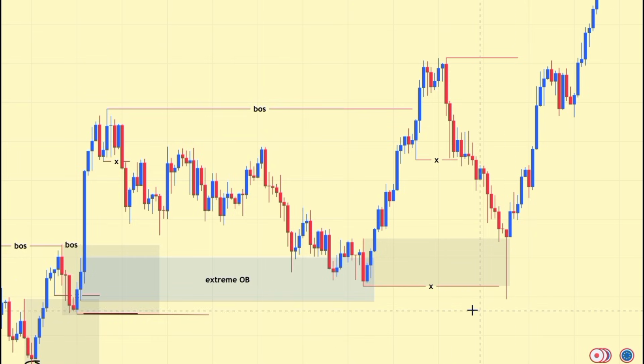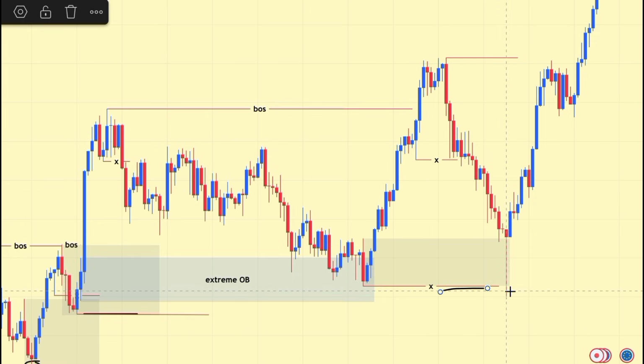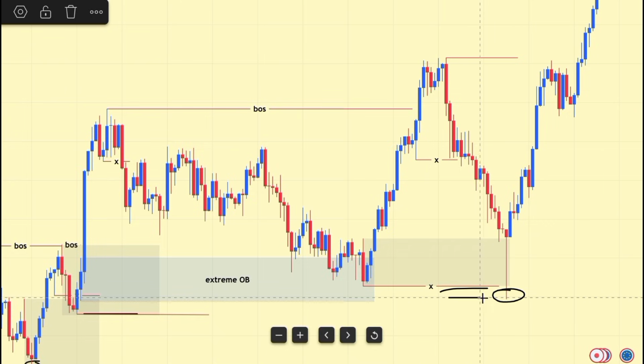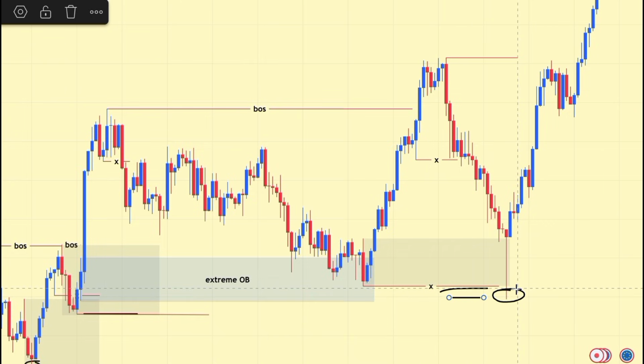If this was the case, you will not use this one here as a change of character, even though we can clearly see that this one here is a break by a wick, and we say that a break by a wick of an external low or high is considered to be a valid break unless the external low or the external high is a major inducement. You will consider that as a valid break of structure. And you can clearly see in this case that the external low is the major inducement. Price has taken out this low, so this one here is not a change of character but rather a major inducement sweep.